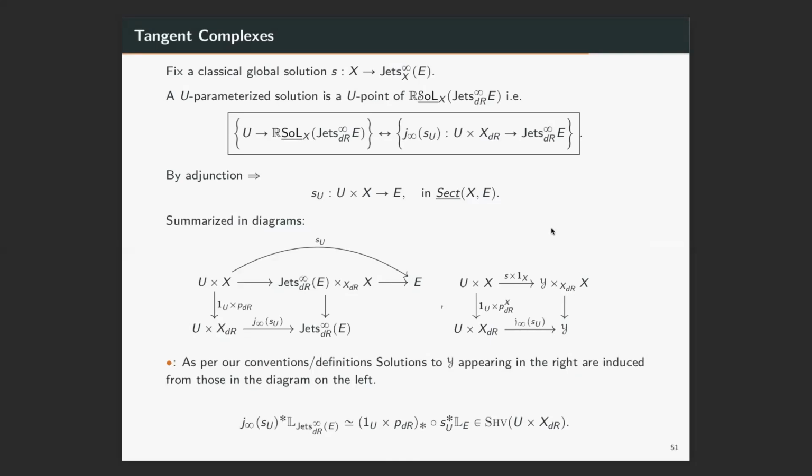So with the niceness conditions and using standard push-pull constructions for derived mapping stacks that are very common in derived algebraic geometry, you can compute what the derived cotangent complex of derived jets, a derived space linearized around a solution, looks like.